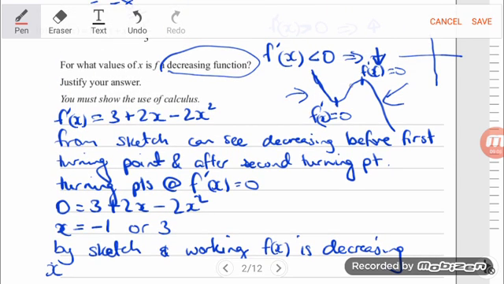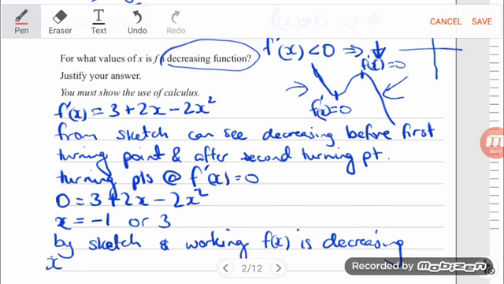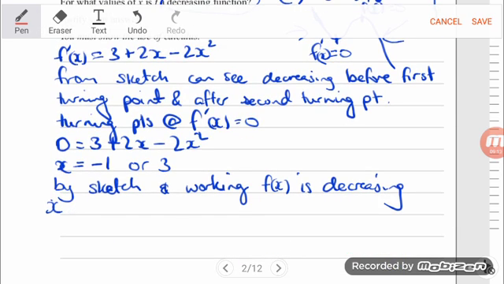So is that less than or greater than x equals negative 1? It's less than. So x is less than negative 1 and greater than 3.